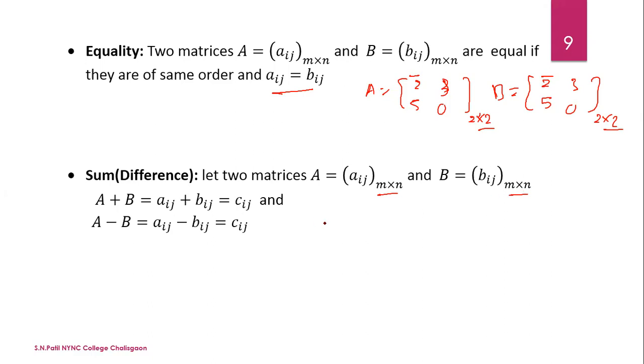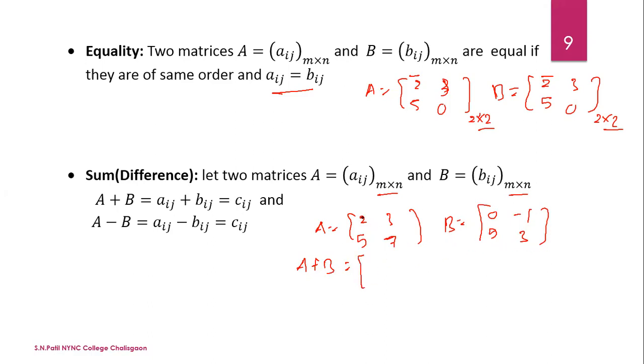For example, A is equal to [2 3; 5 7] and B is equal to [0 -1; 9 3]. Then what is the addition A plus B? First of all, check that they should be of the same order. Yes, 2 by 2 matrices. That is the first condition.